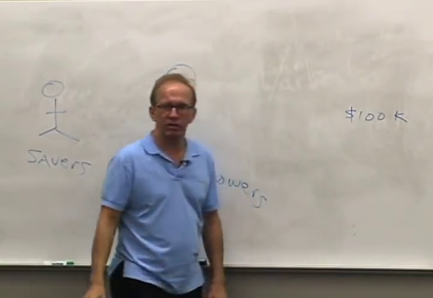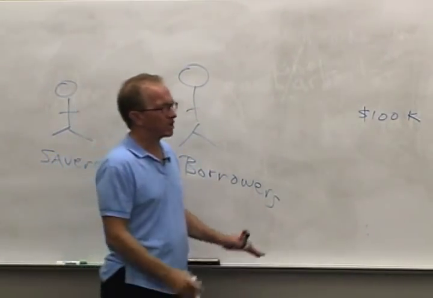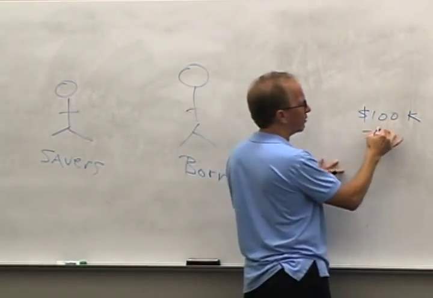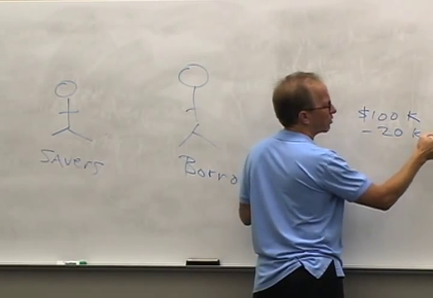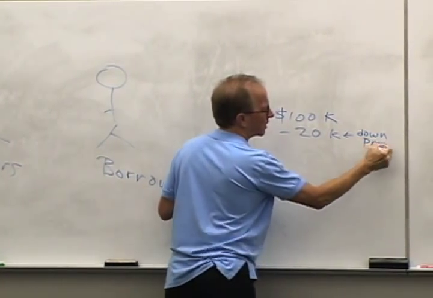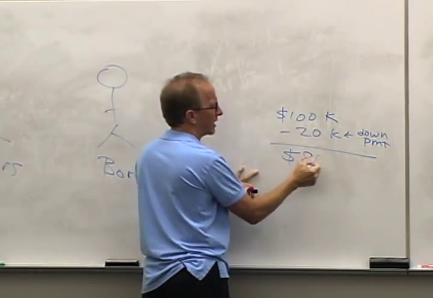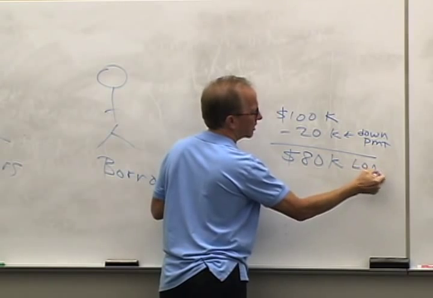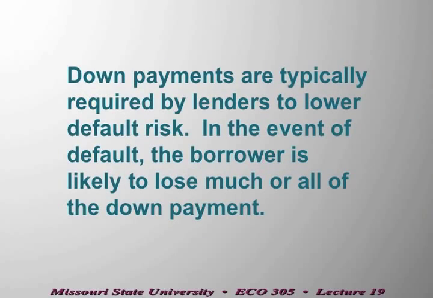The banker might say something like this: I want you to put $20,000 as a down payment, and then I will loan you $80,000. Okay? And for the banker, this down payment is a key.